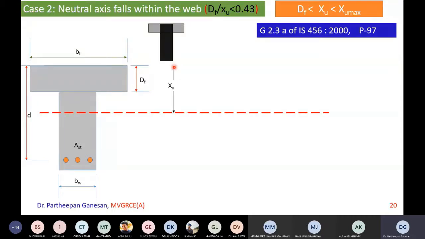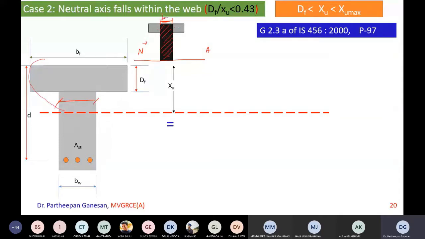Now this is my neutral axis. This depth is Xu, from the topmost compression fiber to the neutral axis. Now I can divide this into a rectangular portion like this and a flange portion, because for the rectangular portion I already know. What is the width of this rectangular portion? Bw, yes, exactly.